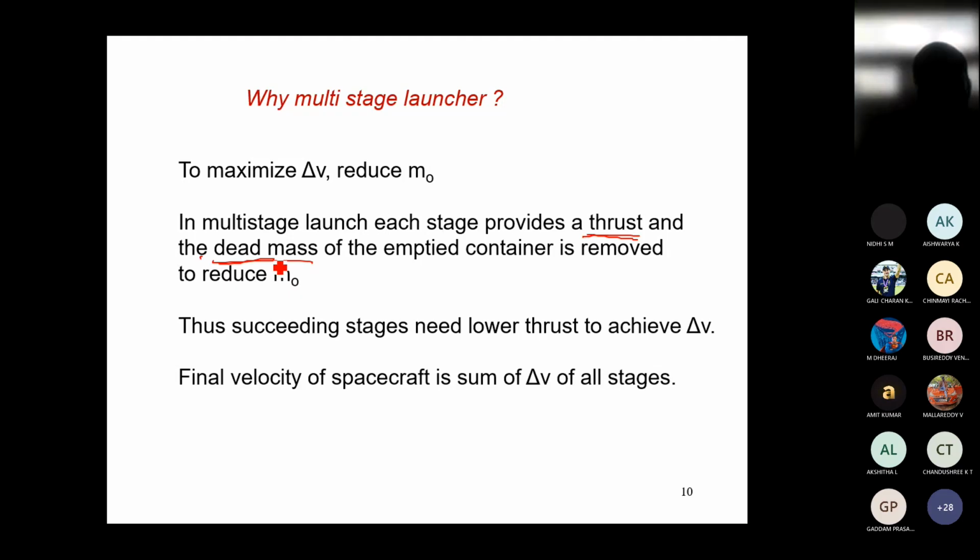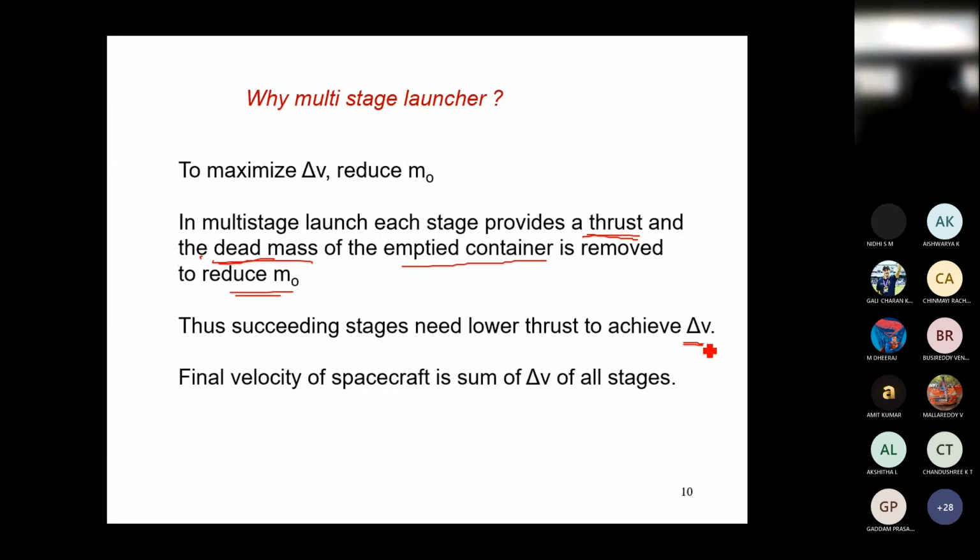Those are called the dead mass. So the emptied container is removed to reduce m0. Getting my point? Those parts or electronic parts will be removed to reduce m0. Thus, succeeding stages need lower thrust to achieve del V.